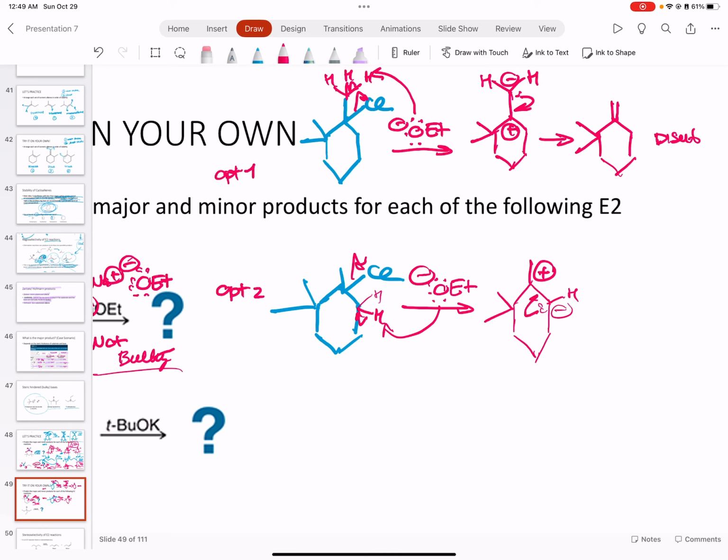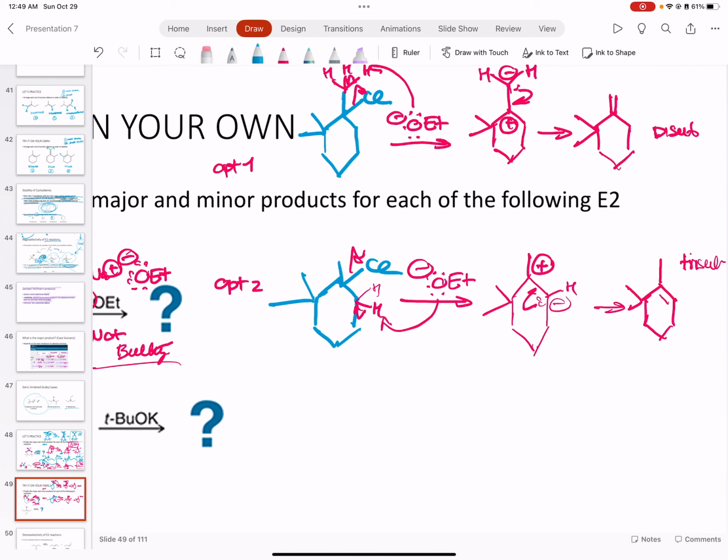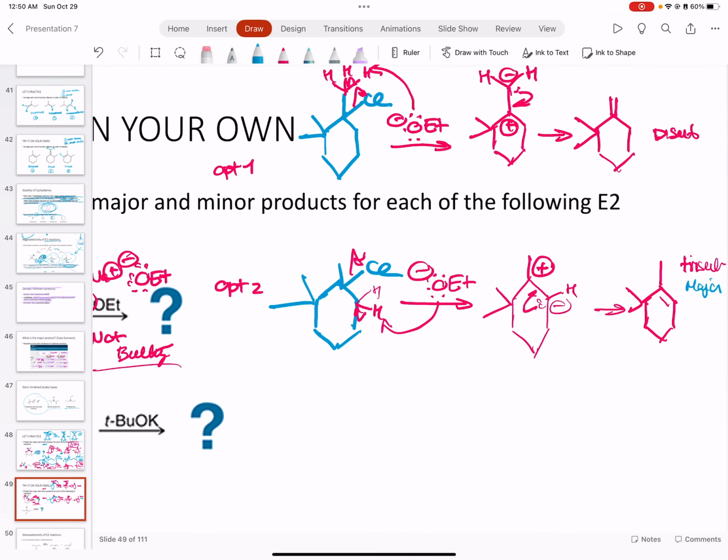We can do a double bond in here. And then we're going to have a trisubstituted alkene. So since it's not bulky, our major product is going to be the more substituted. And our minor product is going to be the less substituted.